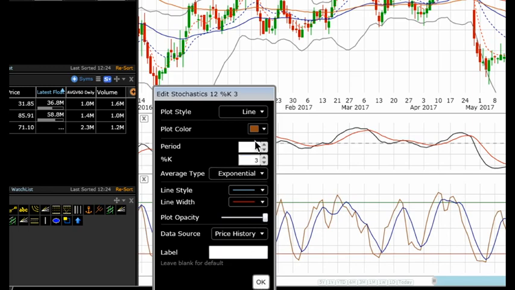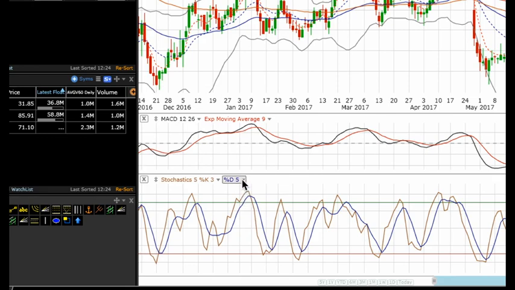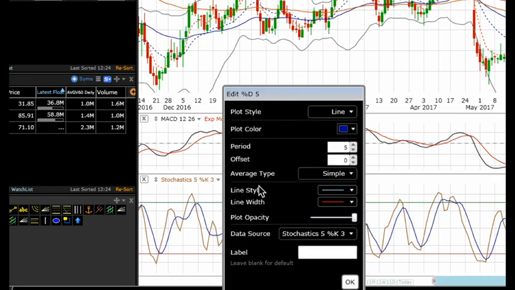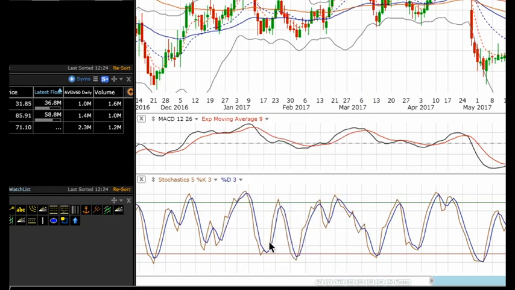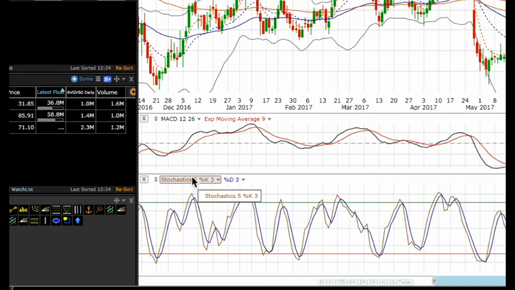Exponential. Period 5, percentage K 3, and percentage D, I will change it to 3 as well. There we go, right? So it's 5, percentage K 3, percentage D 3, okay?